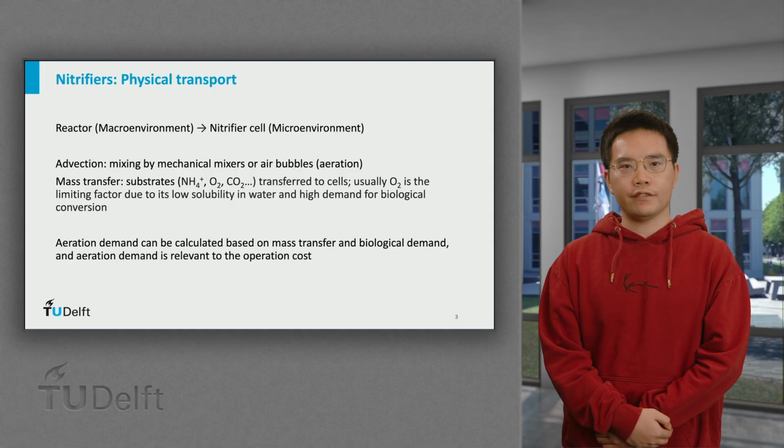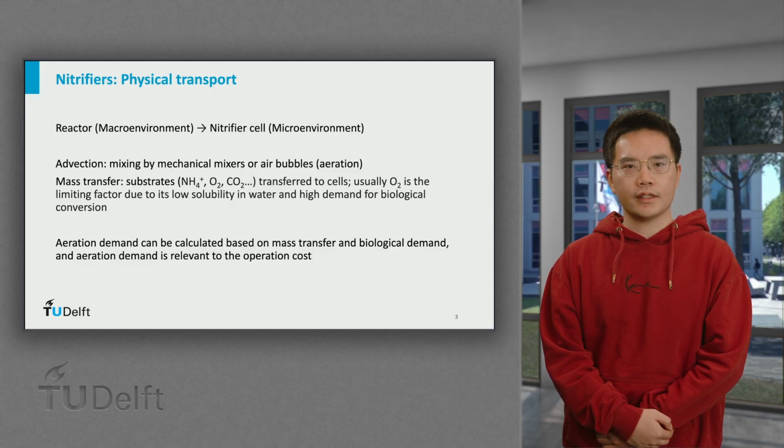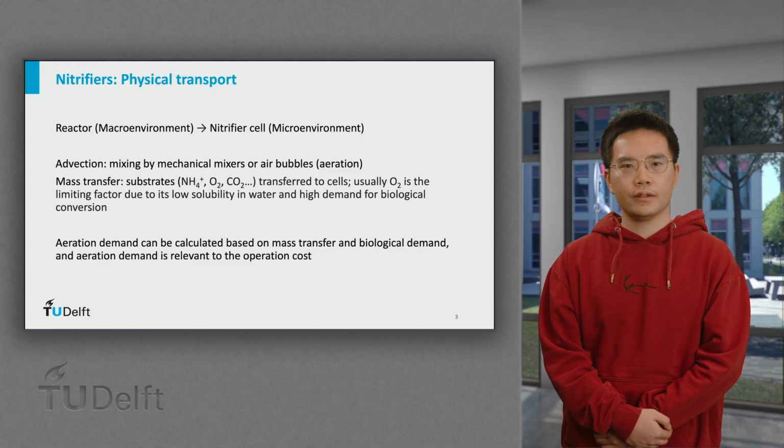Oxygen is often the limiting factor in biological wastewater treatment because oxygen is in high demand for biological conversion, but its solubility in water is very low. The size of bioaggregates also plays a major role. Larger aggregates suffer from more mass transfer limitation. For example, oxygen diffuses much more easily into loose floc than into thick biofilms or granules.